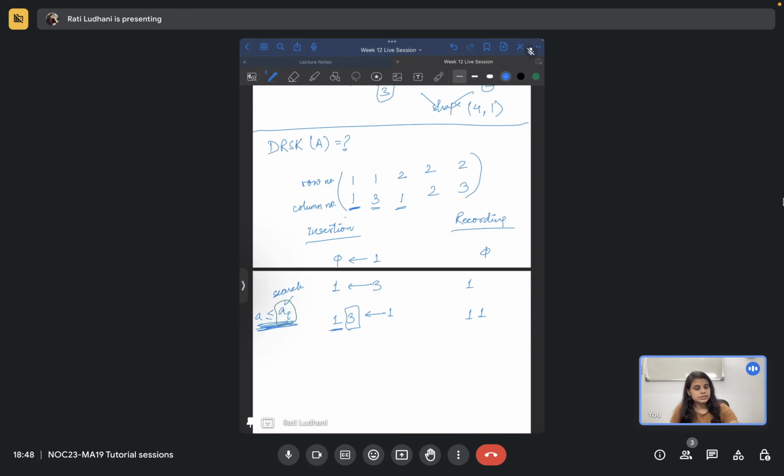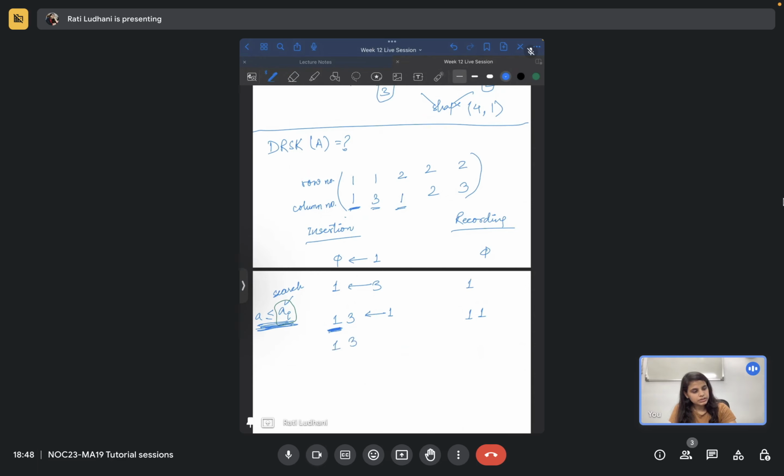So the 1 is here and 3 is here, so the AI which you will consider is this one, right? Because you are considering the case that A is equal to AI also. If you have something which is equal to AI, you will bump that one. So when you insert 1, you will bump this one out.